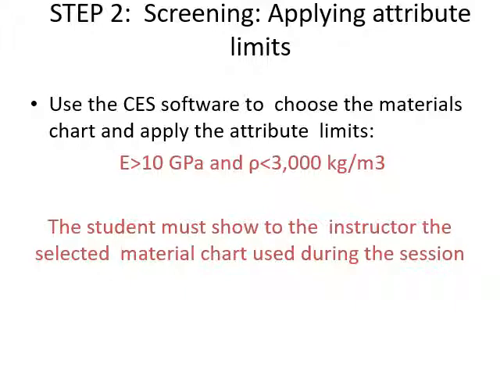But for the actual test, assignment and examination, we will give you the list of materials, and then the table and the bubble chart as well. So you just need to draw the lines manually. Here, you use the guideline to automatically select the suitable material.